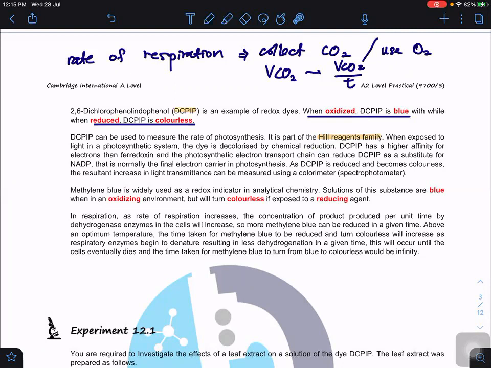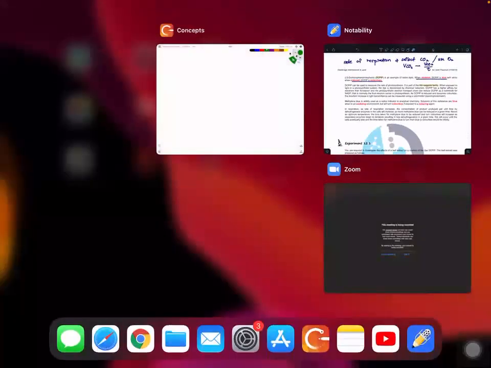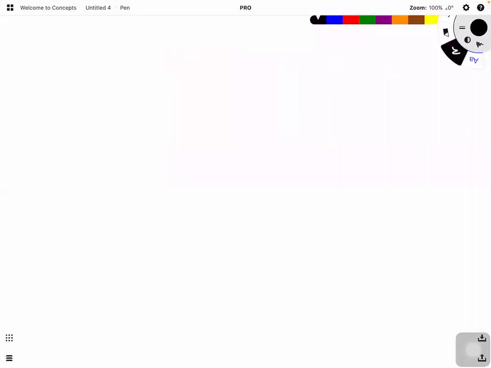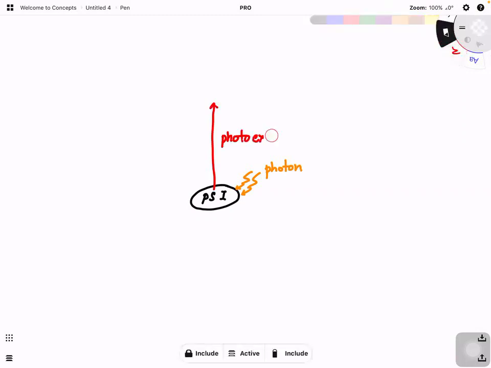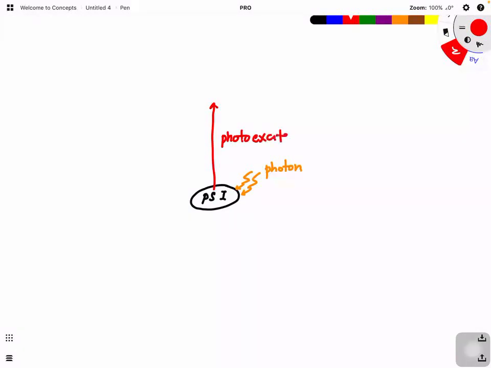So why does this actually happen? We have to look at the light-dependent stage of photosynthesis, particularly non-cyclic photophosphorylation. Let us look at this, a quick revision. We have photosystem 1. Upon receiving the photons, the light energy, electrons will be photo-excited. Photo-excitation of the electron takes place.